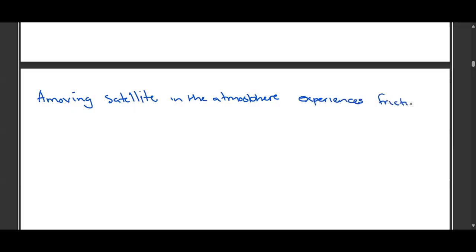Now for this case, a moving satellite in the Earth's atmosphere experiences friction due to the gases that are present.